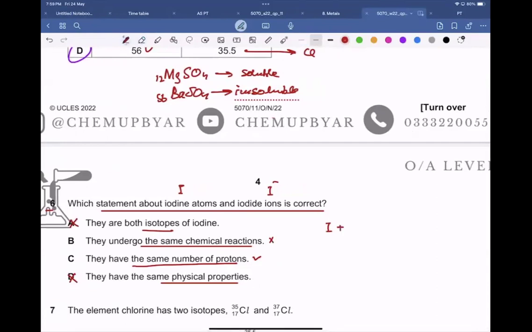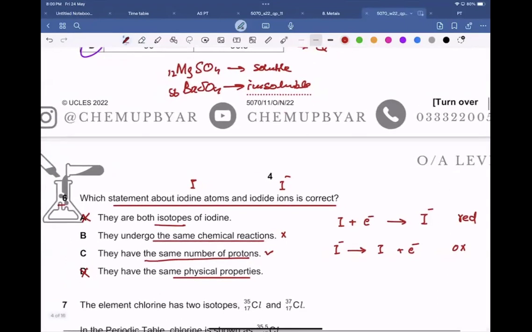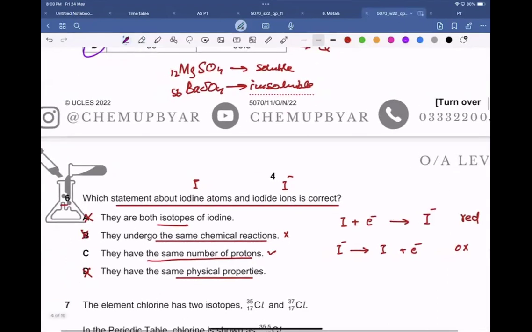Because when you see iodine atom, it reacts, it gains electron and forms iodide. So that is the reduction, right? And when iodide ions react, it turns into iodine and loses electrons, so it goes oxidation. So the chemical reactions are not the same. Yeah. So B is wrong. And C is the correct answer.